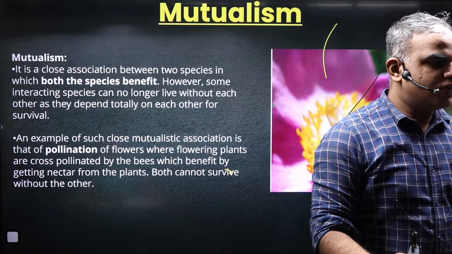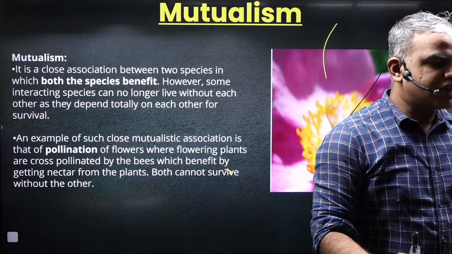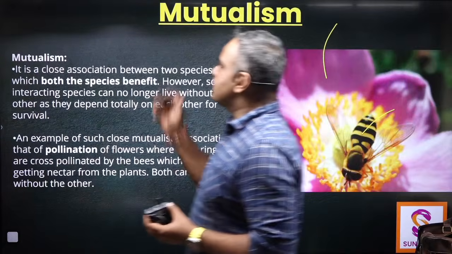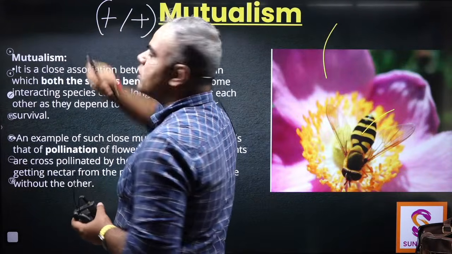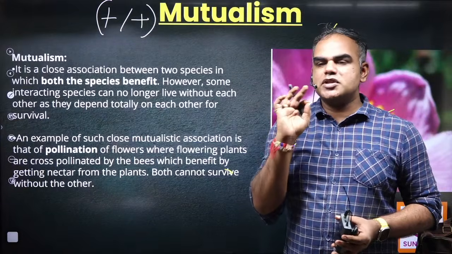The main thing is positively. And when you write mutualism again in your notes, write plus plus. The more you write it like this, the more you will remember. Plus plus. It affects both the species positively.